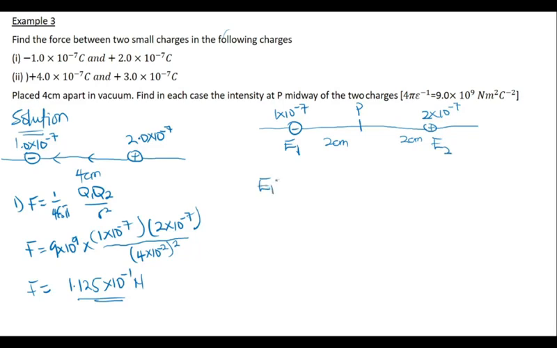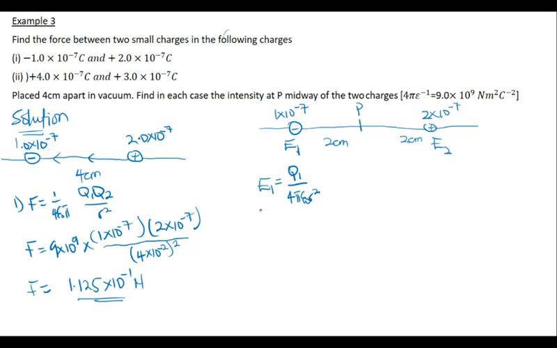So E1 is equal to Q1 over 4 pi epsilon naught R squared. This is the relationship between the electric field and the force as we saw earlier.